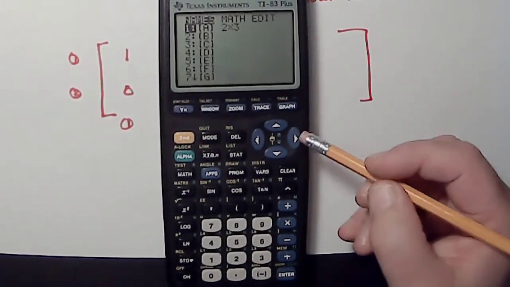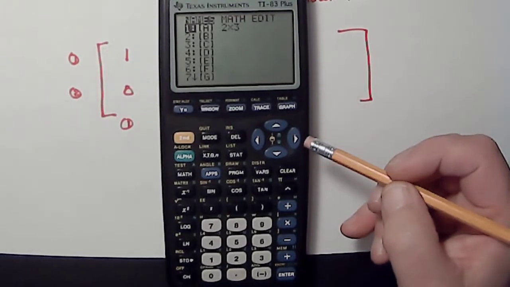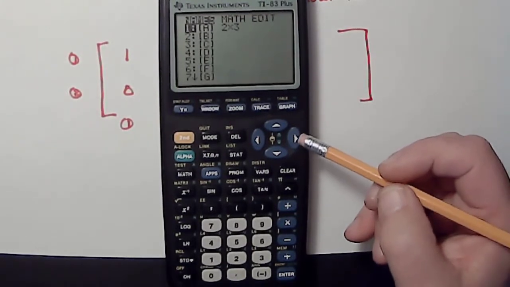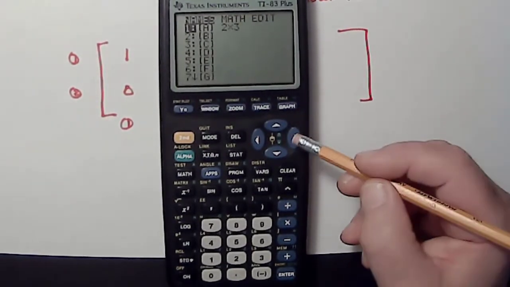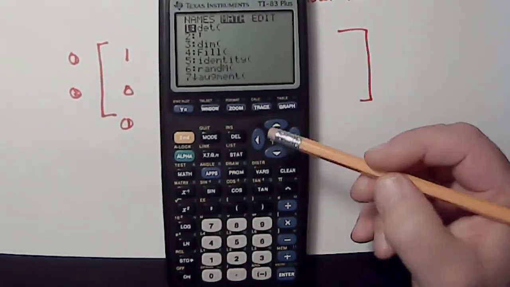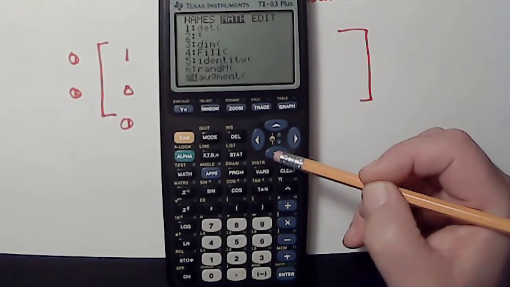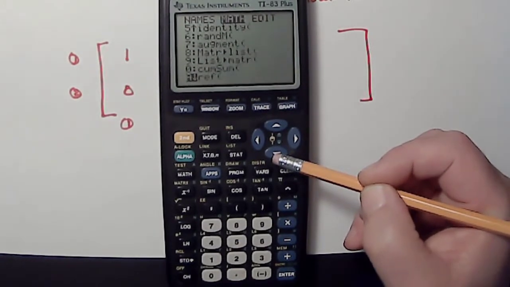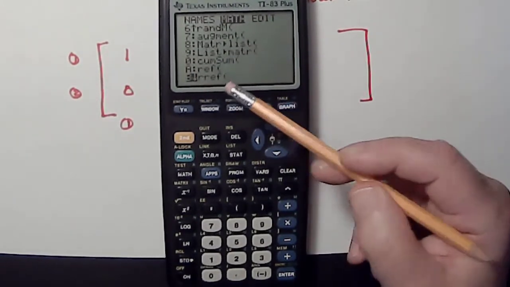So the second thing to do now is actually perform the reduced row echelon on matrix A. So I move over to math in my second column and move on down until I get to RREF.